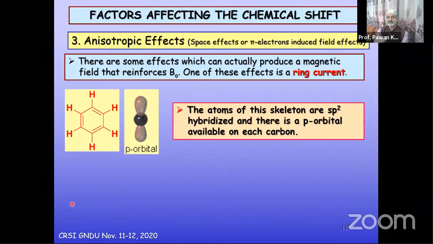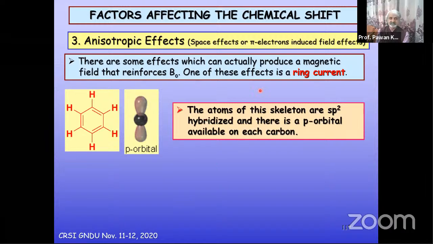And then I said, if the induced magnetic field somehow reinforces, because I told you induced magnetic field would always be opposing the applied magnetic field in the center, then how come this induced magnetic field be aligned to the applied magnetic field? But at that time I told you, if somehow the induced magnetic field is aligned with the applied magnetic field, then I would say this is a case of de-shielding.